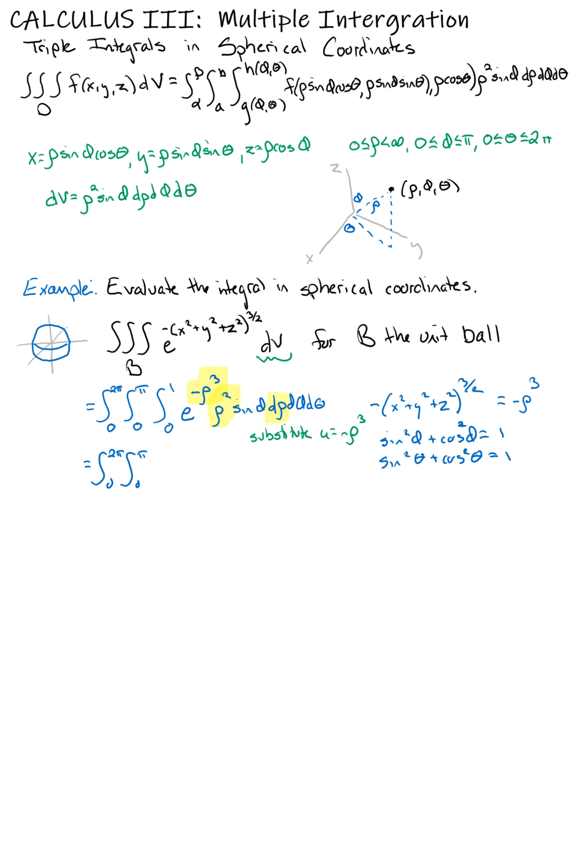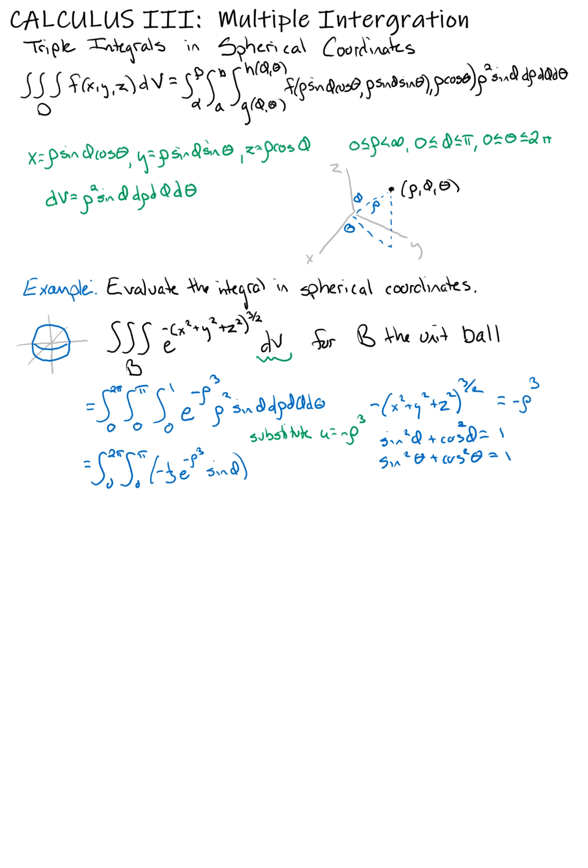Of course, you would have that coefficient of negative 1/3. So when you integrate that, take your time with that, make sure you're comfortable with that substitution, you get negative 1/3 e to the negative rho cubed. And of course, we still have sine of phi.